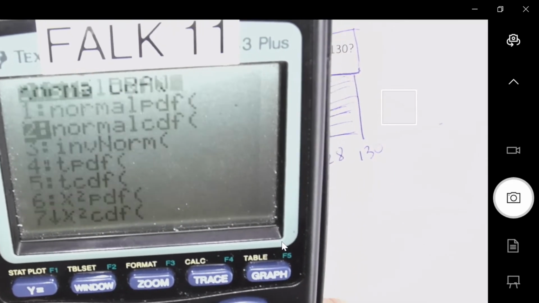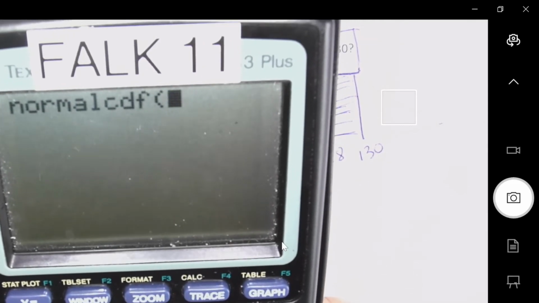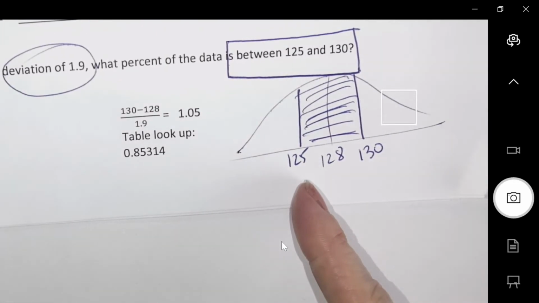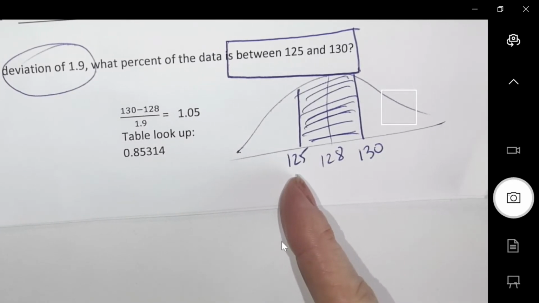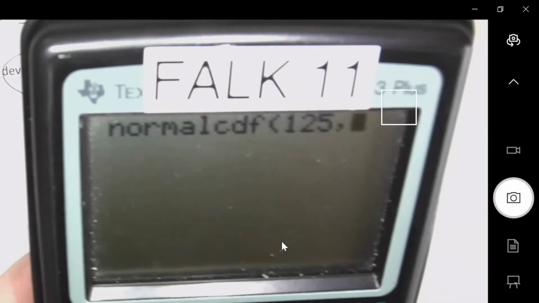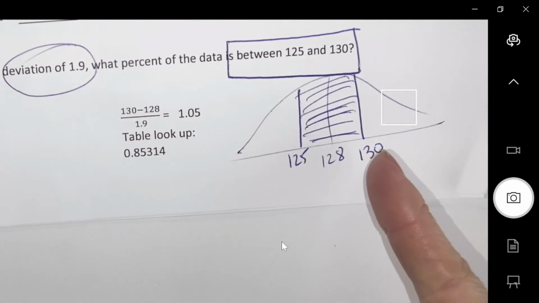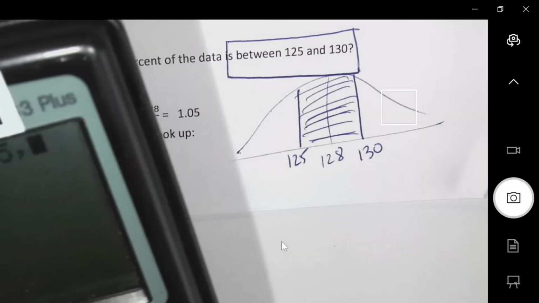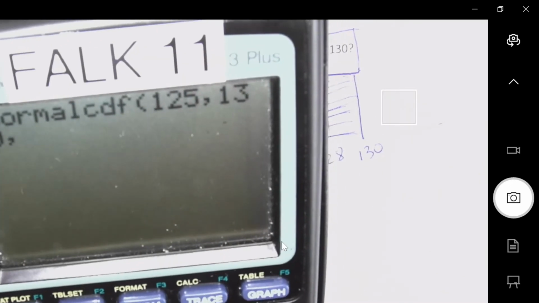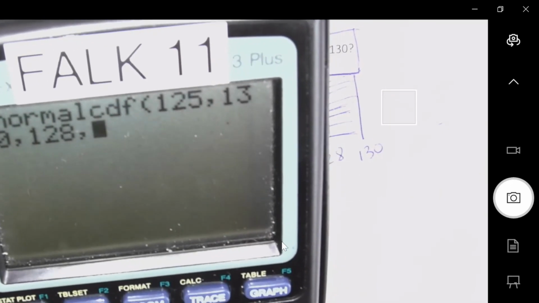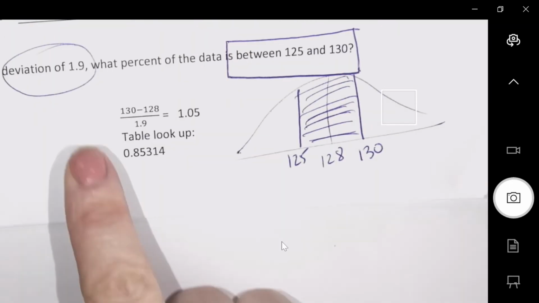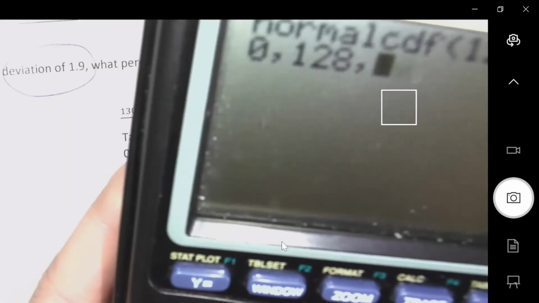Distribution, normal CDF. What's the left side? 125, comma, the most right we ever go. 130 is the right. I stop at that. The mean, 128, and the standard deviation is 1.9.